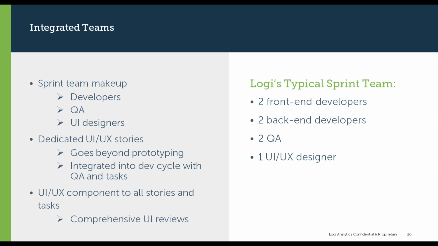So our typical sprint team looks about 2 front-end developers, 2 back-end developers, 2 QA, and at least 1 UI UX designer. As we go through our software development lifecycle, these UI UX stories have the same prioritization as everything else. Those things happen early on. We have to understand how somebody's going to consume this content and make sure that every step along the way is really building to that ultimate experience for that end user.